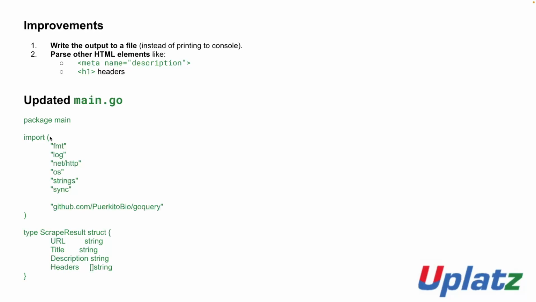Package main, import fmt, net/http, os, and things, then github.com this one. And this type we will store this thing, so we need this scrape result structure: URL of type string, title of type string, description of type string, headers is a slice of string.